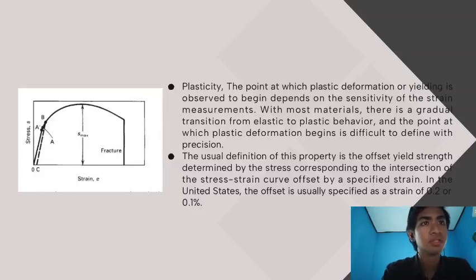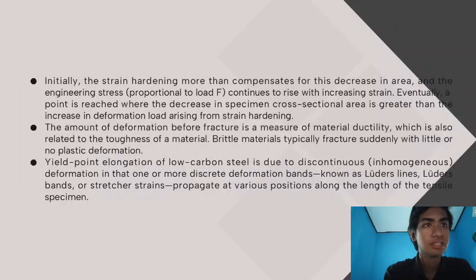The volume of the specimen remains constant during plastic deformation, AL equals A0 L0, and as a specimen elongates, its cross-sectional area decreases uniformly along the gauge length. Initially, the strain hardening more than compensates for the decrease in area, and the engineering stress continues to rise with increasing strain.